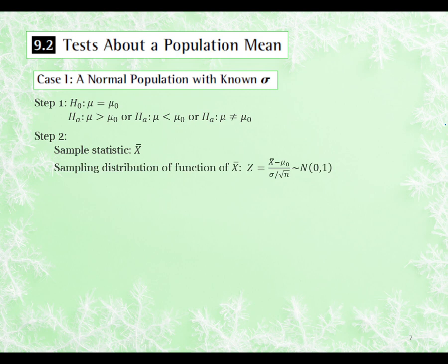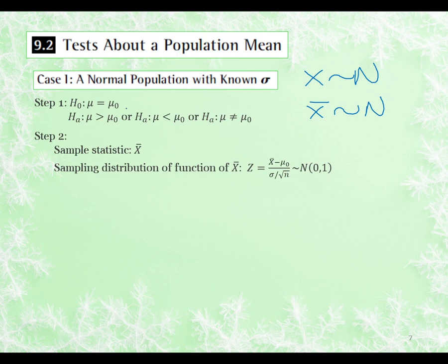Remember, if our x values are from a normal distribution, then we know that x bar will also be normally distributed. And if we standardize x bar using its mean and its standard deviation, then we end up with z having a standard normal distribution. So this distribution that we're working with is under the null hypothesis.